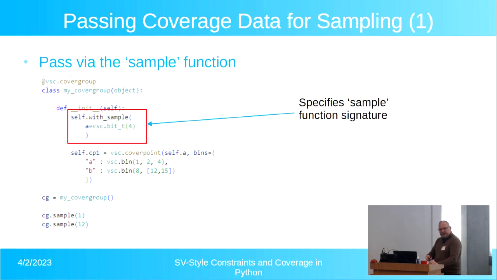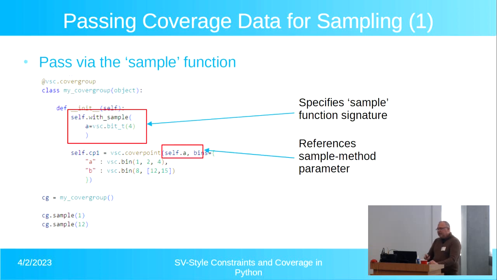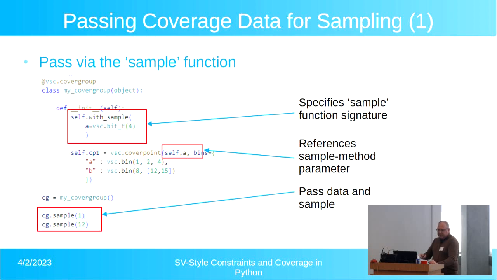It's a 4-bit integer, unsigned, and its name is A. And via some special Python magic, we cause a class variable to be created with that same name. So this allows you to refer to what the value will be passed via the sample method. And then when the sample method's called, that value is sampled by the cover point that you specified.